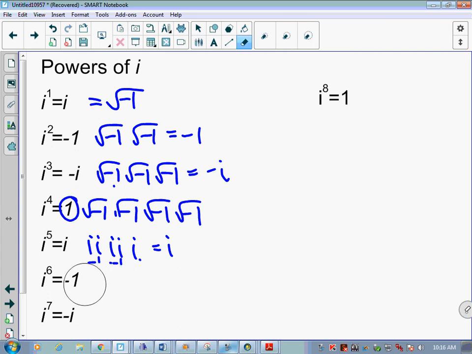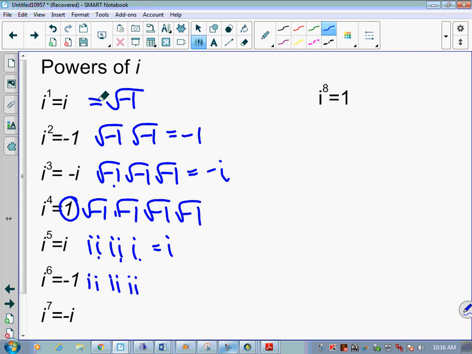We can show it again, i to the sixth. I'm going to pair these i's up in groups of 2. Because this is negative 1 times negative 1 times negative 1. So that's 1 times negative 1, which gets me negative 1. Make sense? Okay, i to the seventh, 1, 2, 3, 4, 5, 6, 7.